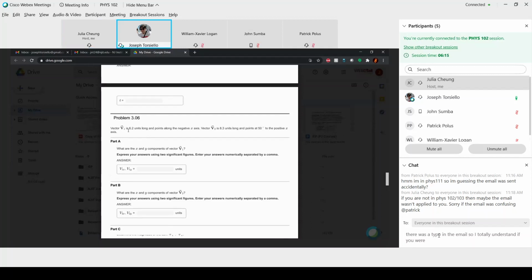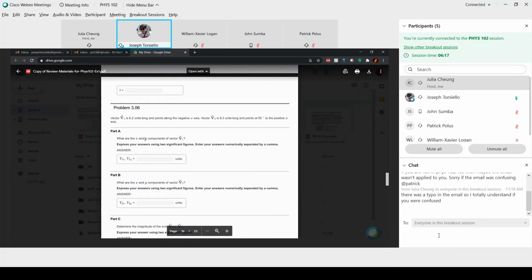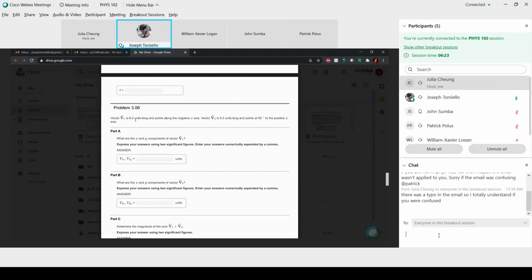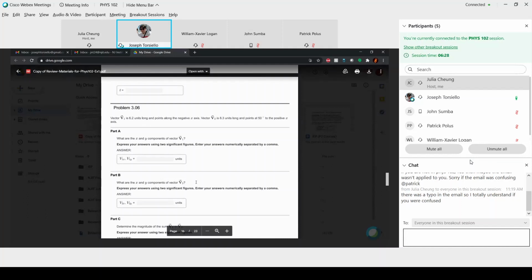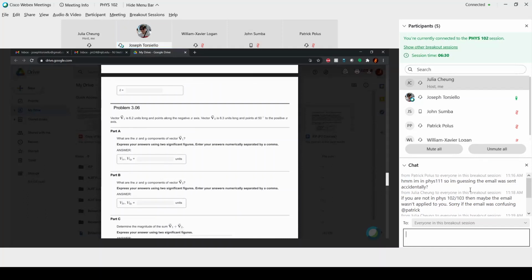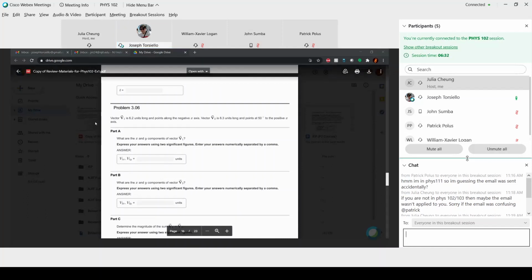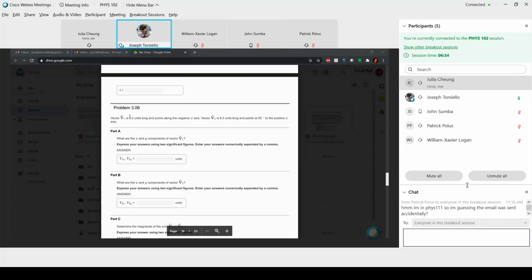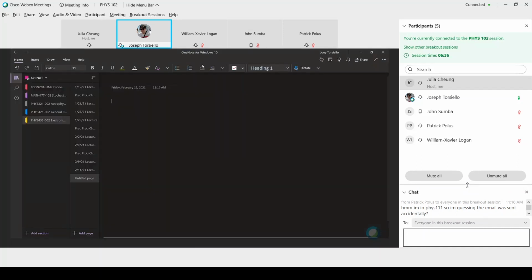So I guess we'll start off with this one because this seems to be the first problem that mentions vectors. It says vector v1 is 6.2 units long and points along the negative x-axis. So, you know what? I should probably draw this. I'm gonna open up a page on OneNote, and then I could share this as well.